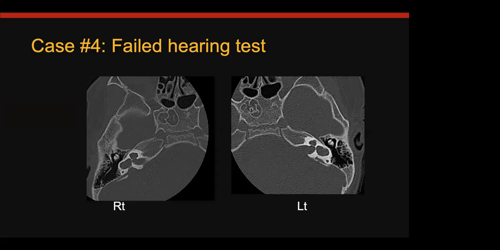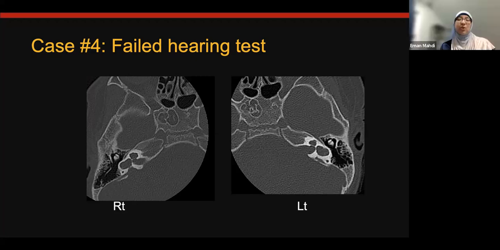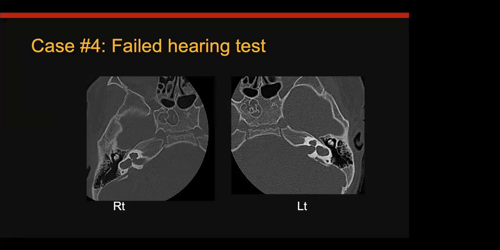Axial and coronal CT scan of the right and left temporal bone. So two axial cuts for the right and left.